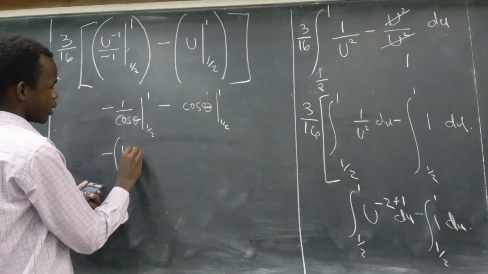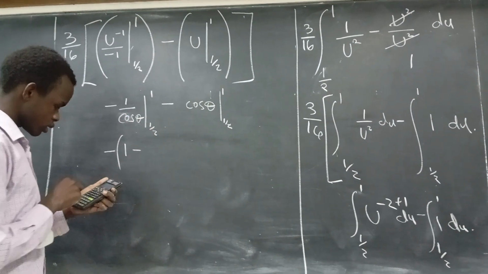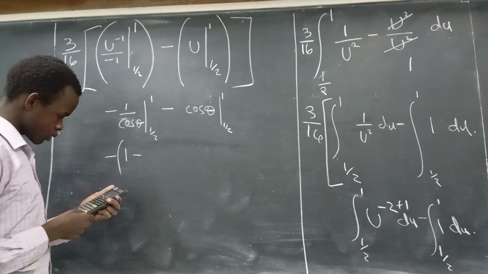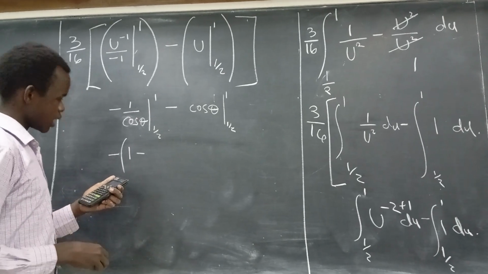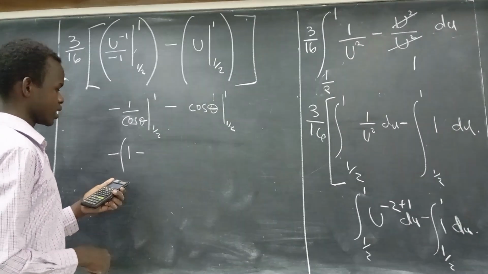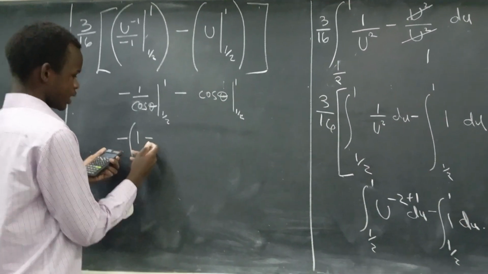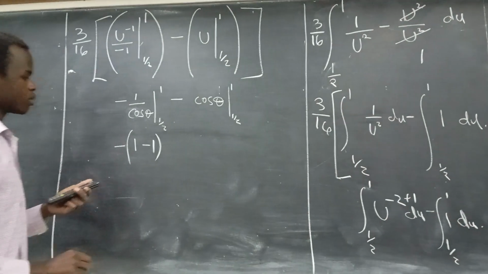Then I'll minus cos of the half, so my cos was 0.5. Then I'll say 1 divided by that answer. I'll get again 1. Okay? So it's 1 minus 1. So it will be my answer.